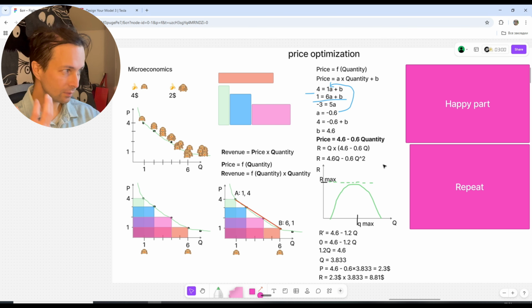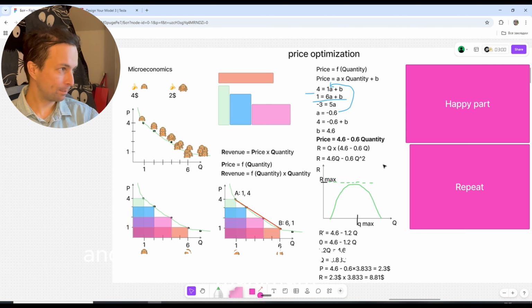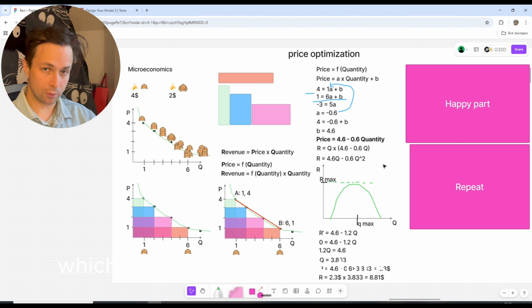Okay, basically we have a formula of parabolic function now, and I remind you how it looks. Because we have the negative multiplier before Q squared, we can know that the parabolic function will go down, and it means that it will have some maximum of the revenue, which is very logical if you think about it.